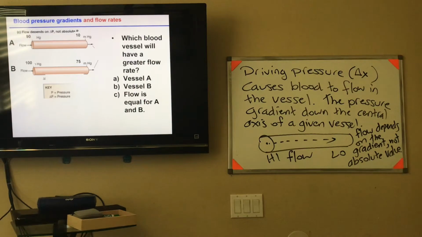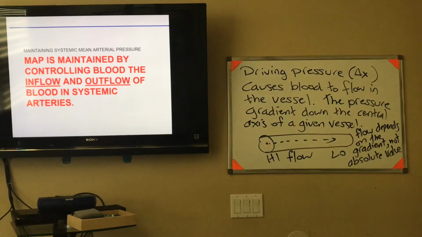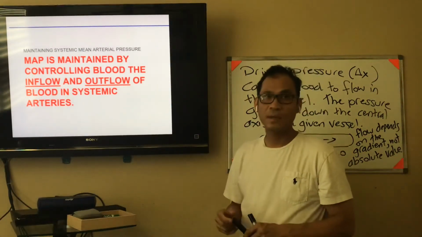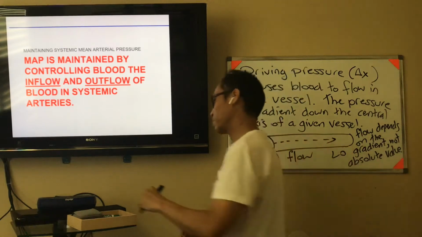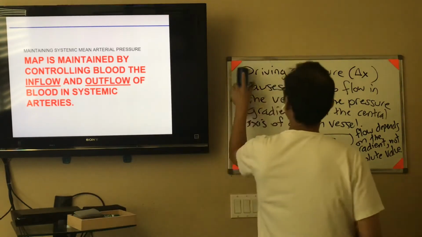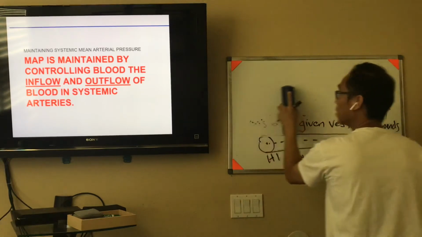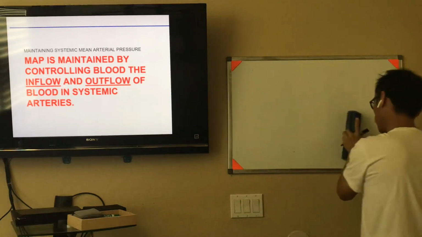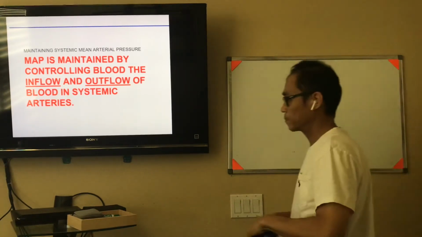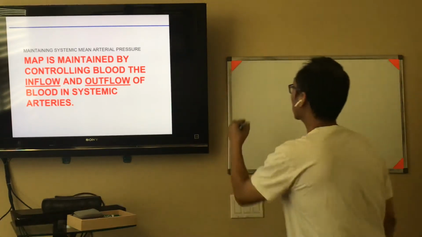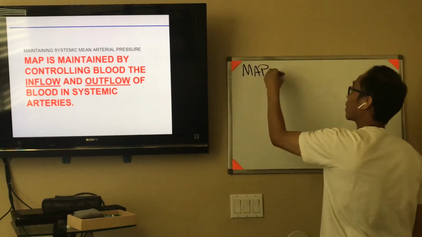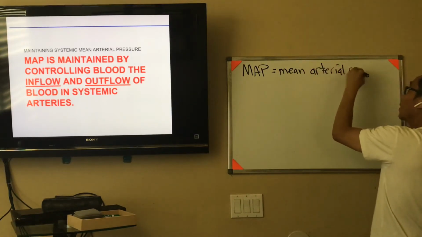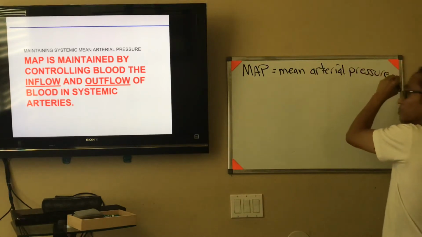So now that we've defined the parameters of what blood pressure is, let's apply it to the circulatory system and talk about how the body maintains it. When I say MAP, MAP stands for mean arterial pressure.